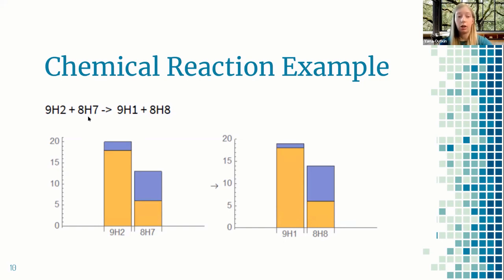So 1 unit of water is transferred, as seen in this bar graph, from the higher elevation, 9H2, to the lower elevation, 8H7, resulting in 9H1 and 8H8. The blue on the bar graph is water level, and the orange is the height.